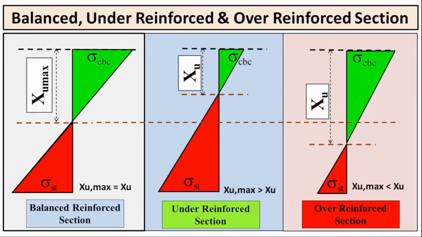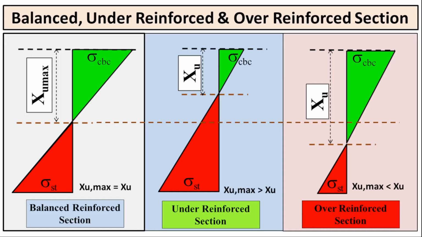Before entering actual design practice, we need to understand the behavior of a singly reinforced section. In reinforced concrete beams, the balance between the concrete and the steel reinforcement is crucial for structural integrity.